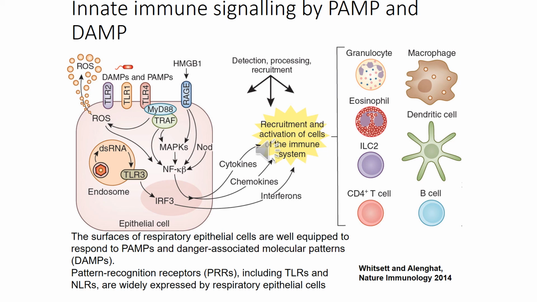Type 1 interferon has been shown to be very important in the beginning of the SARS-CoV-2 infection. The immune cells which are then recruited to the epithelial cell layer depend a little bit on which type of signal is sent out.